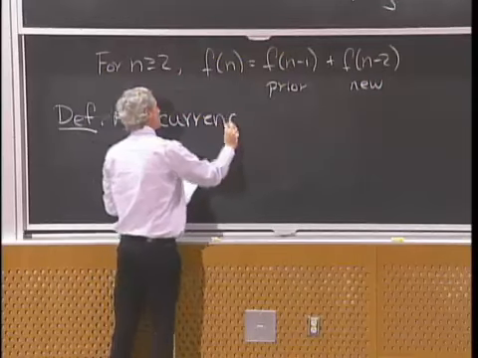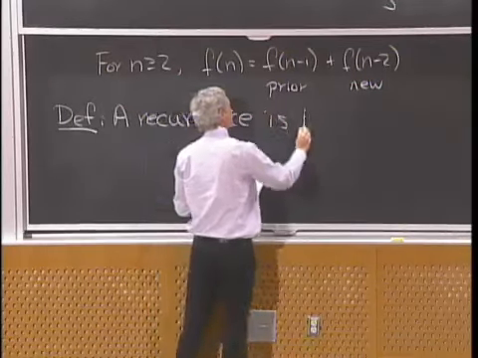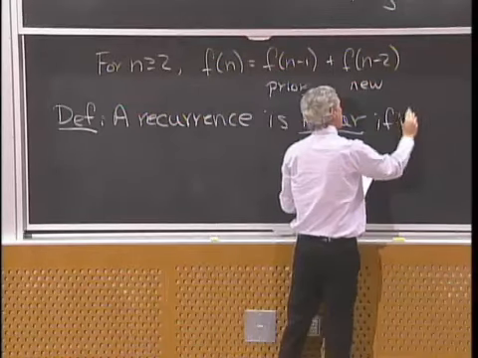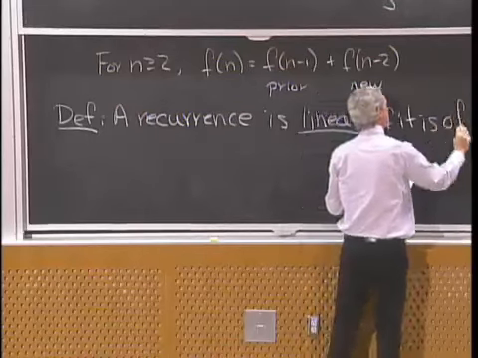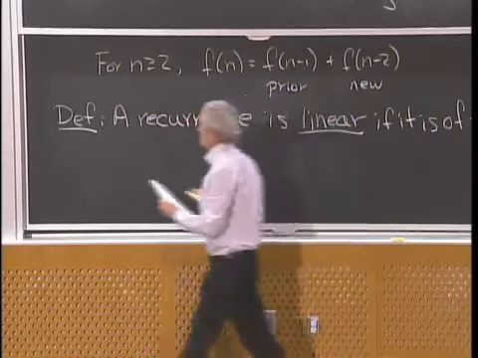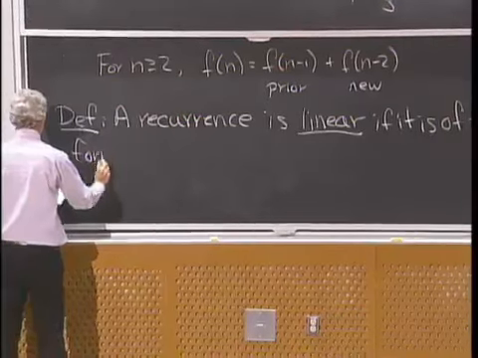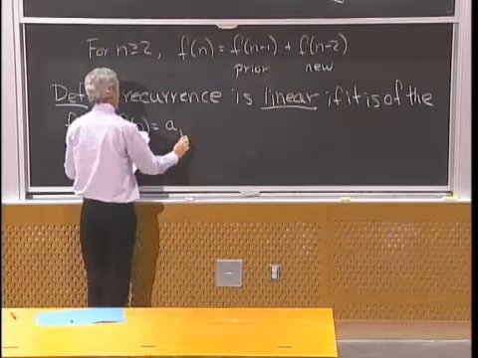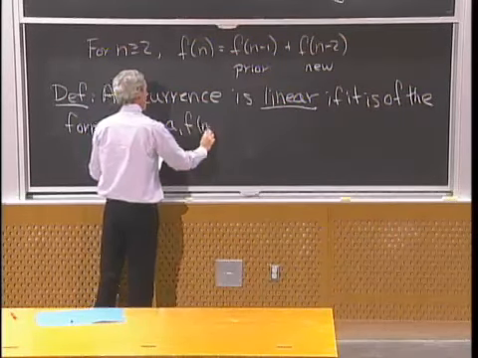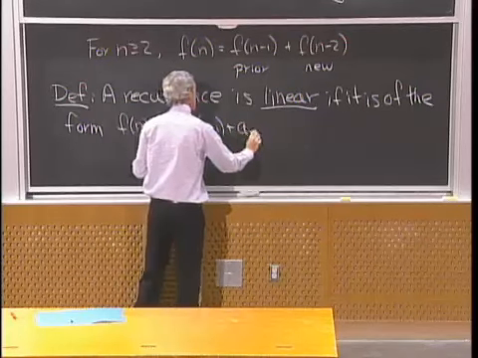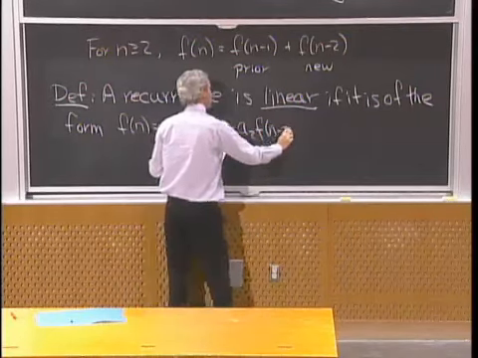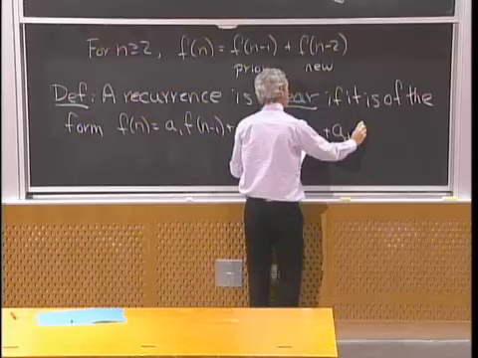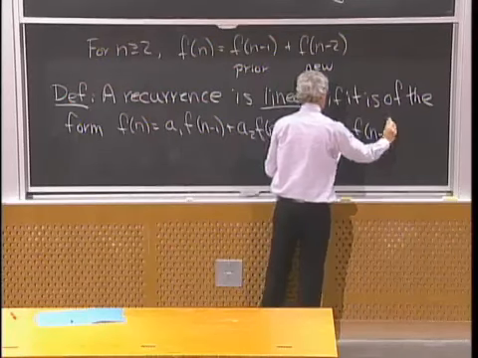So a recurrence is said to be linear if it is of the form f of n equals a constant, a1, times f of n minus 1, plus a2 times f of n minus 2, plus dot dot dot, a dth constant ad times f of n minus d.